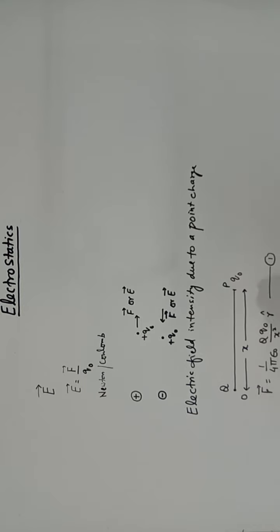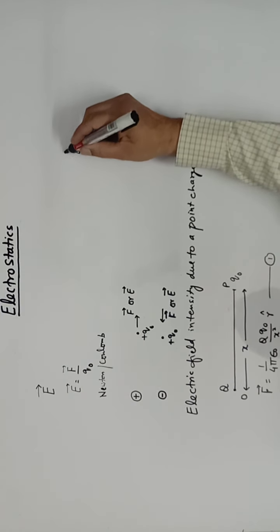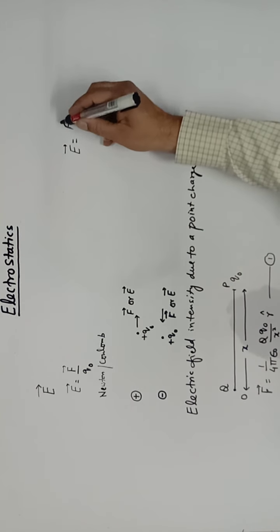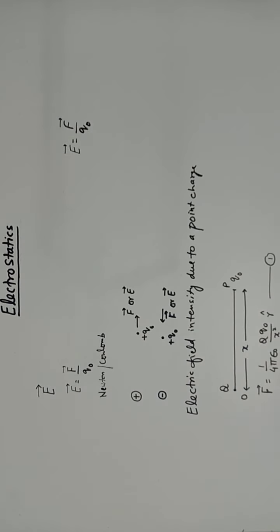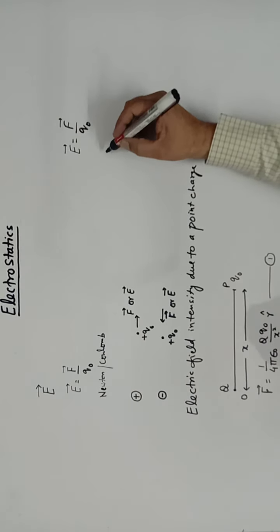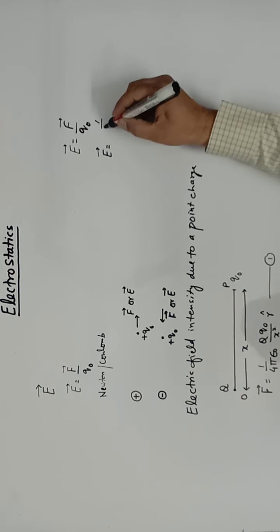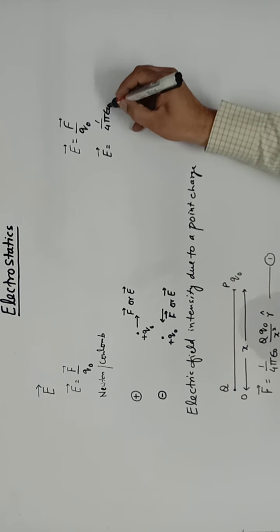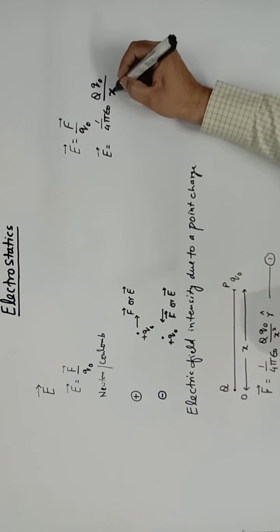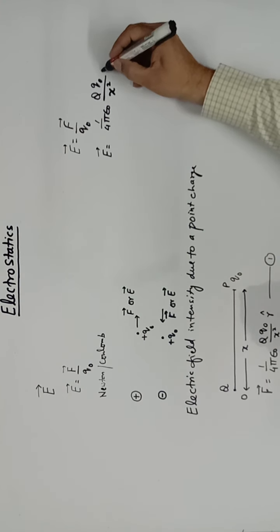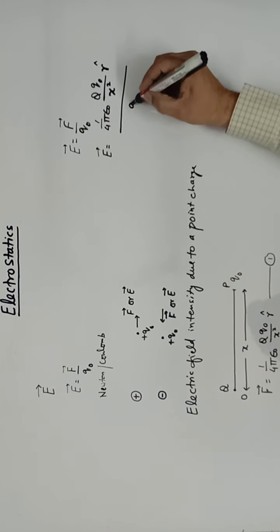According to the definition of the electric field, the value of E is equal to F upon Q naught. From equation 1, we write the value of F: 1 upon 4 pi epsilon naught, Q Q naught upon x square r cap, divided by Q naught.